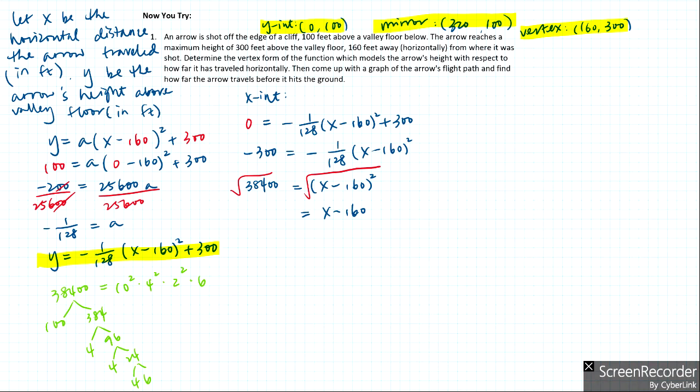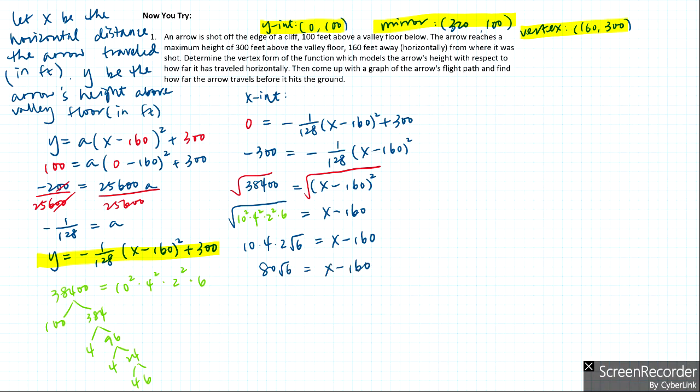If I want to simplify this, that becomes the square root of 10 squared times 4 squared times 2 squared times 6. And anything that's a perfect square I can take out of the radical. So that becomes 10 times 4 times 2, then square root of 6, equals x minus 160. And altogether we get 80 root 6 equals x minus 160.